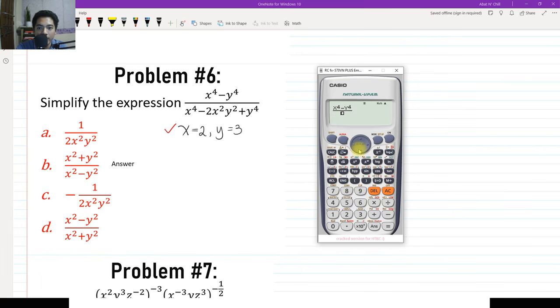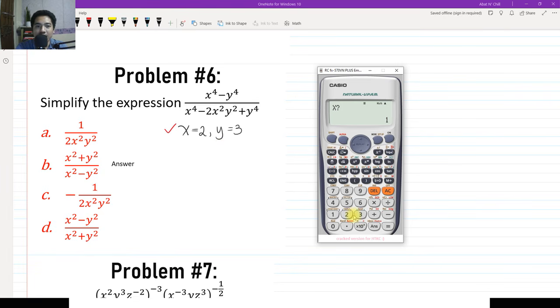All over, for the denominator, alpha x raised to 4 minus 2 alpha x squared multiplied by alpha y squared, plus alpha y raised to 4. Then we simply press calc.